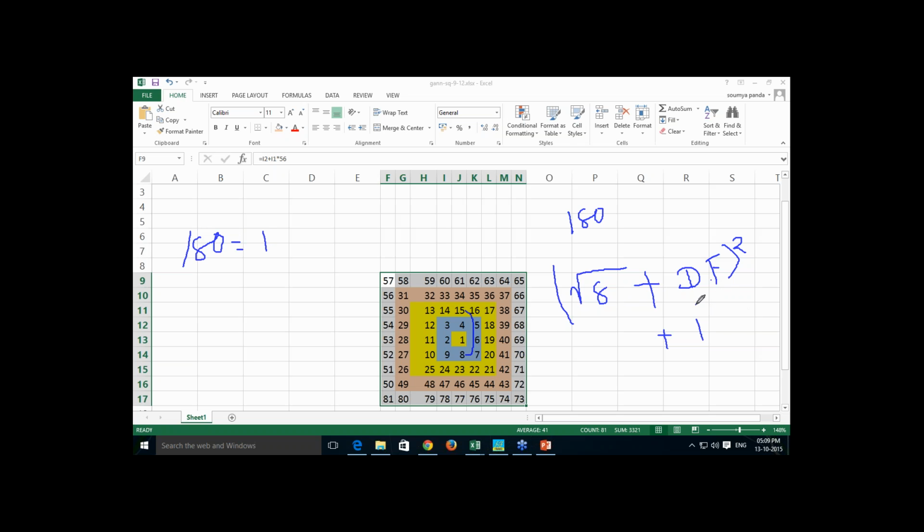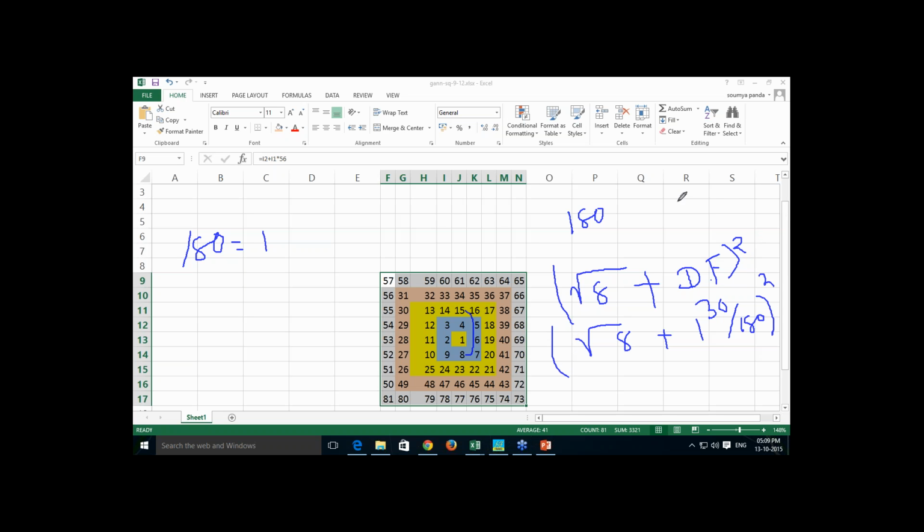So 30 divided by 180 you have to make. Whatever factor comes, that factor needs to be added with the square root of 8, and the net result will be squared. So this is how you will be calculating the higher numbers.